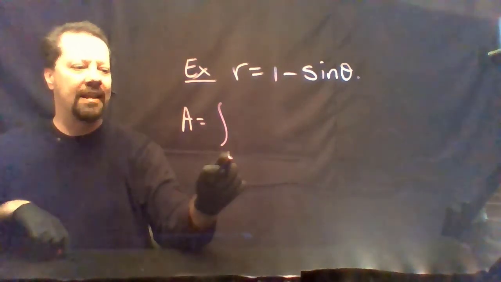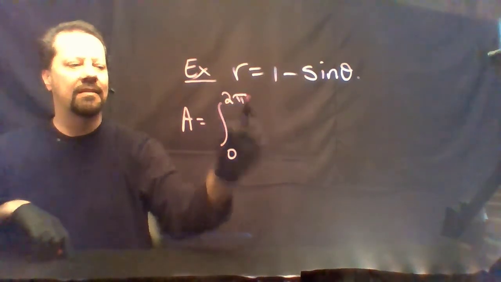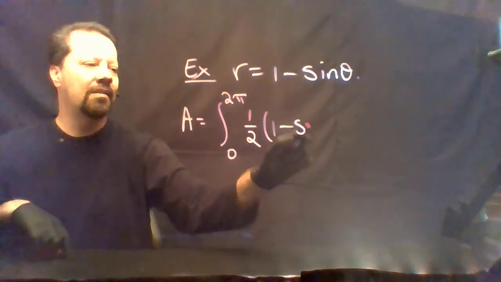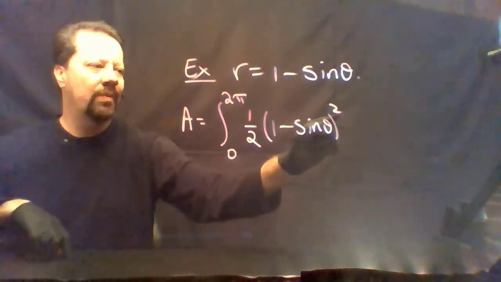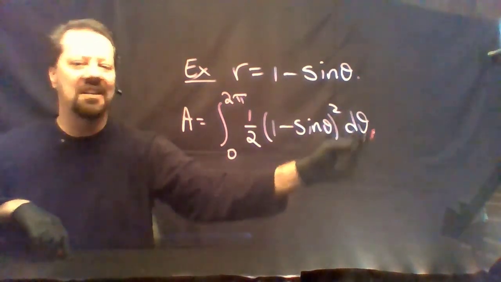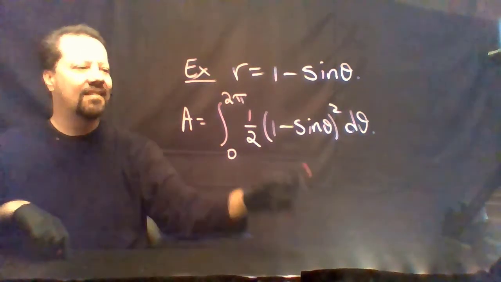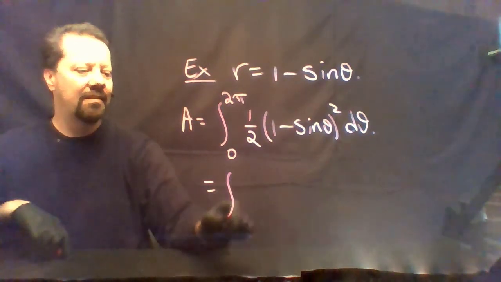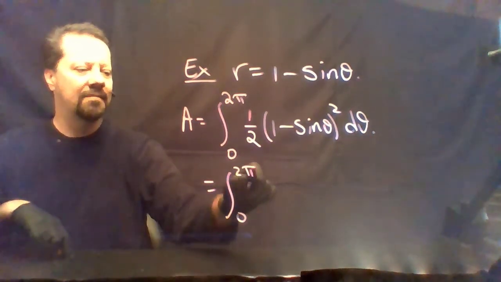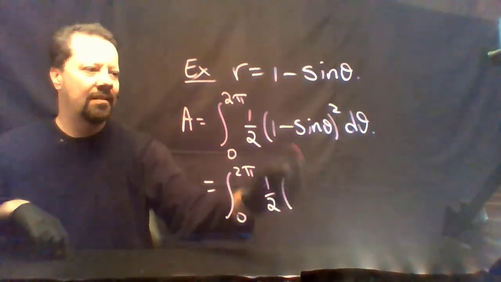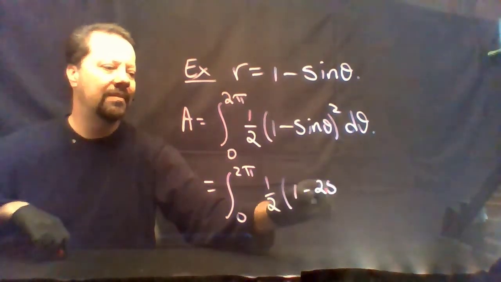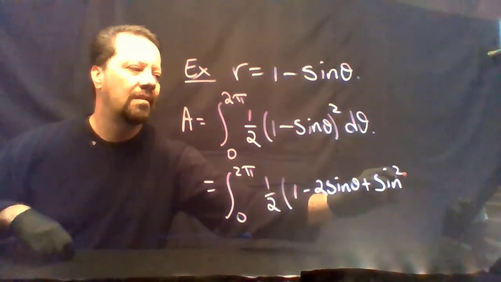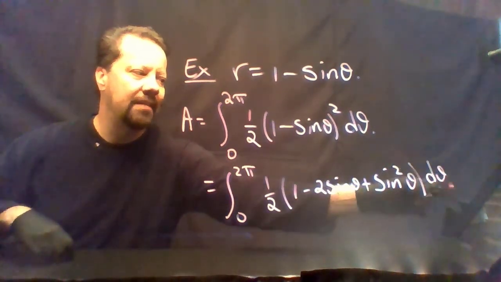The area will be the integral from 0 to 2 pi of 1/2 r squared d theta. We'll have to FOIL this out first. We'll have 1 minus 2 sine theta plus sine squared theta all times d theta.